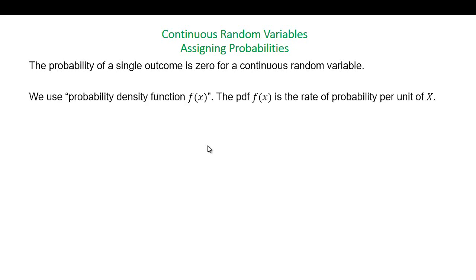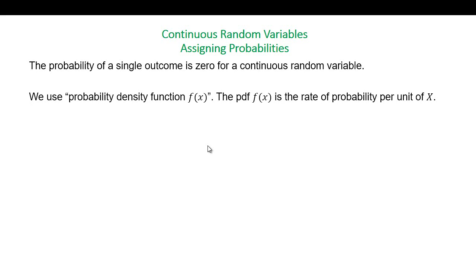We use the probability density function. So remember, in the case of a discrete random variable, we use the probability mass function. The analog of that here would be the probability density function, the PDF, but here the PDF is the rate of probability per unit of x.